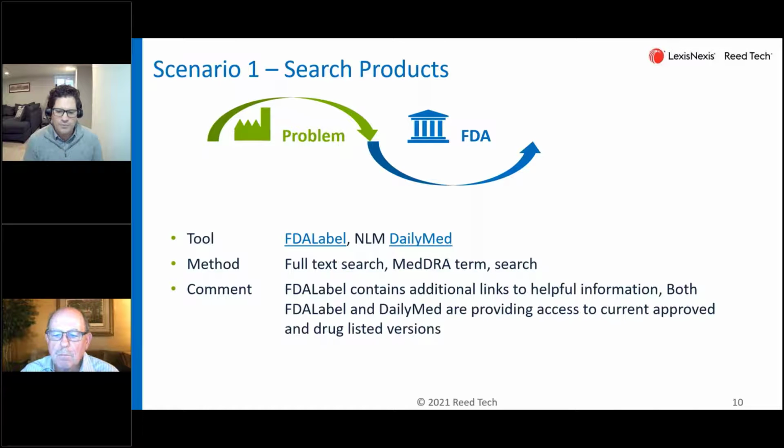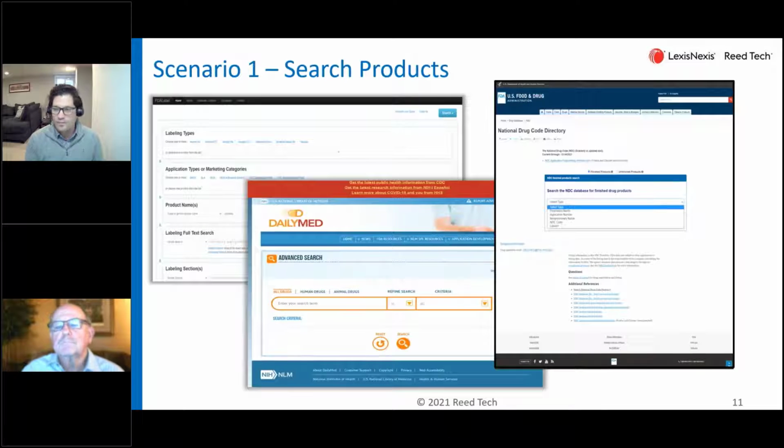So while you can access and find that information in that specific database, it might take you elsewhere to help you hone in on what you're looking for. And both FDA Label and DailyMed provide access to the currently approved drug listed versions, or if it's OTC, so it's current data.